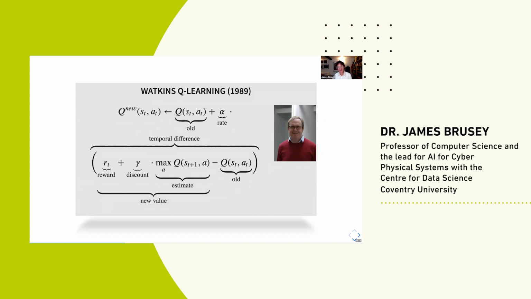So the tying back to the theoretical world of Richard Bellman and the Bellman equation was done by Watkins in his PhD thesis from 1989. And he essentially developed a technique called Q-learning. The main innovation here is, rather than think just in terms of the value of an individual state, think in terms of the value of a combination of being in a particular state and taking an action.